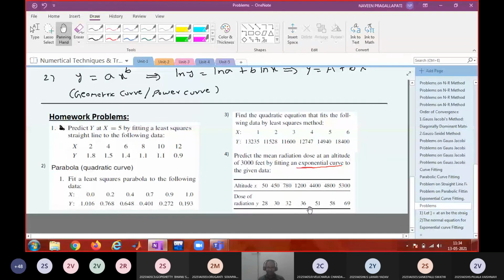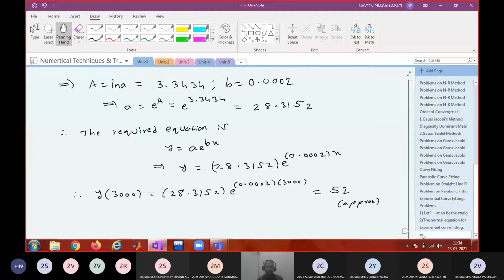Because these values are increasing and we have an exponential behavior. I'm getting 45.1704. With 1200 and 4400 giving 36 and 51, can I expect a value between 36 and 51 at a 3000 height? That's natural, right?